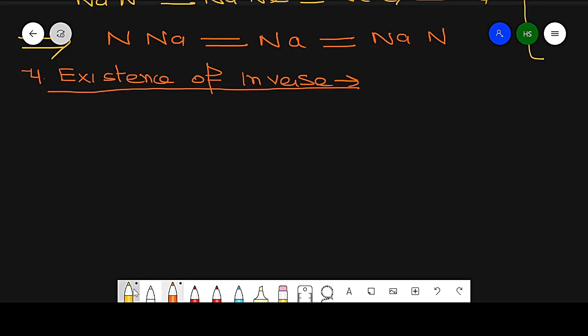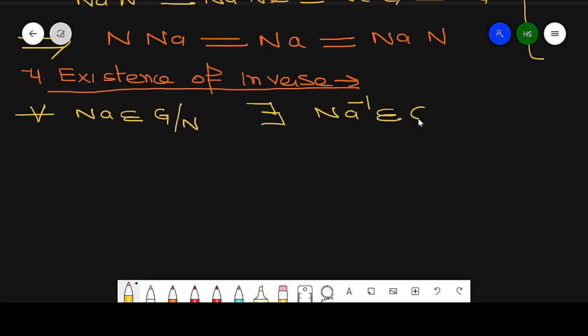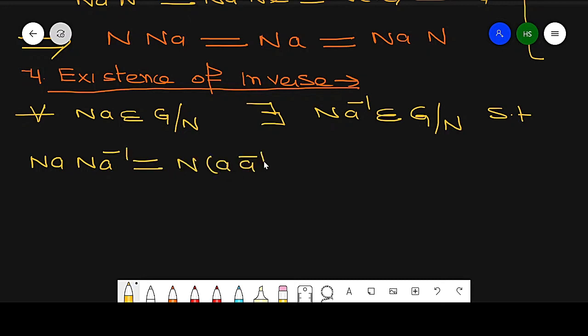For every Na belonging to G/N, there exists an element Na inverse belonging to G/N, such that Na into Na inverse can be written as N into a a inverse.